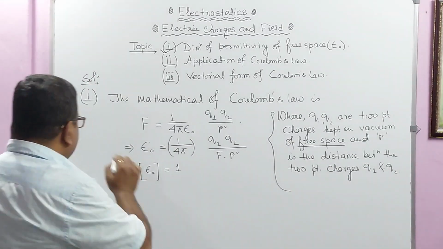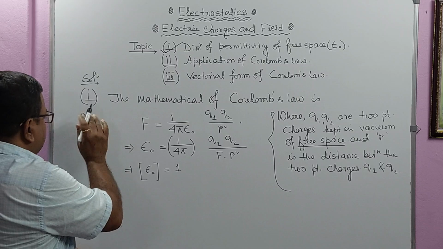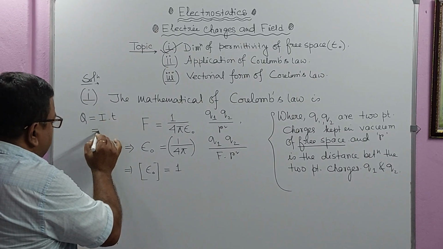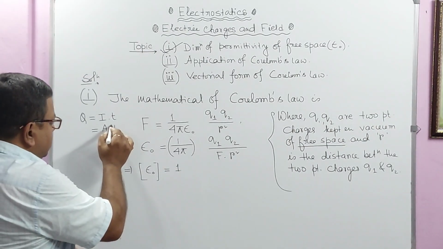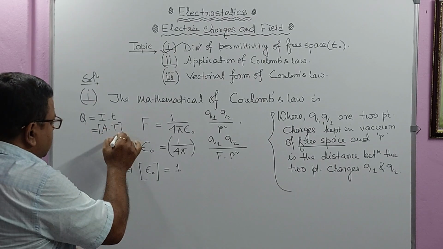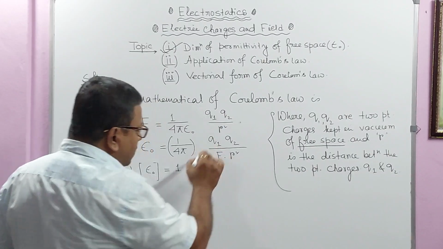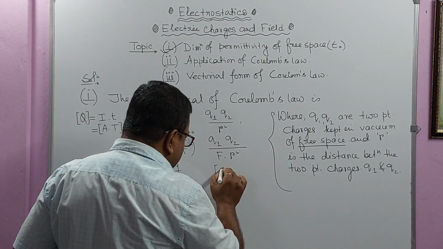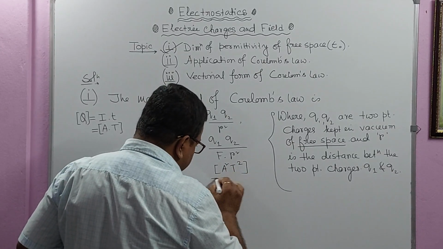We know charge Q equal to current I into T. The dimension of current is A and the dimension of time is T. So the dimension of charge is AT. Okay. So here two charges, that's why we are writing A square T square.